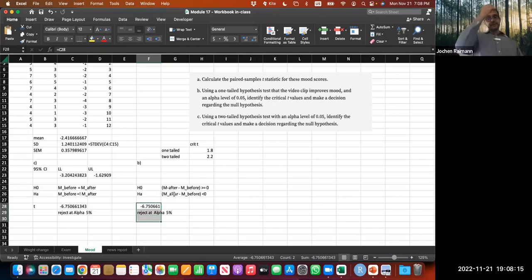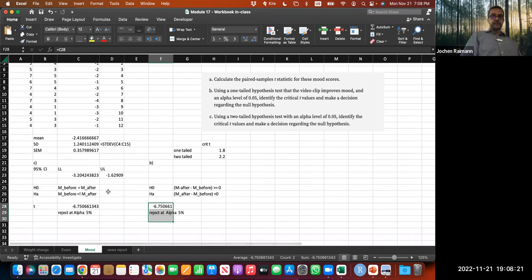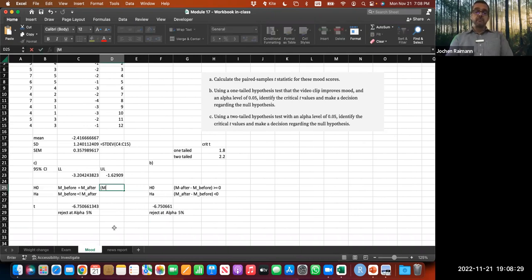So important is, you can rephrase your null hypothesis also for the two-tailed test as M after minus M before equals 0.